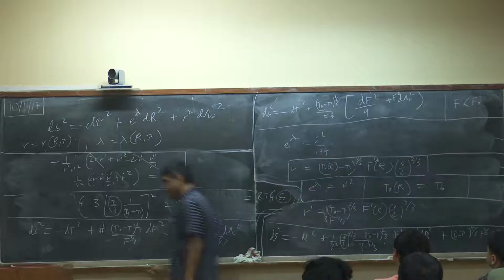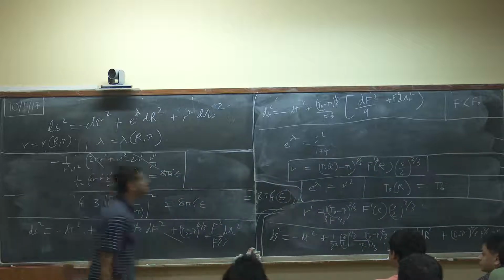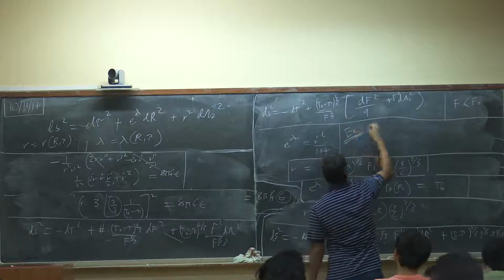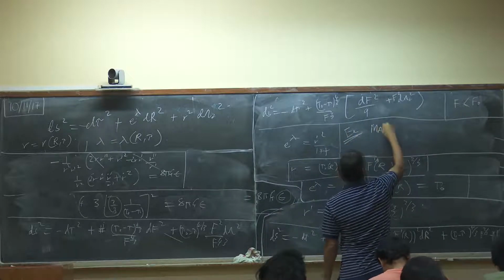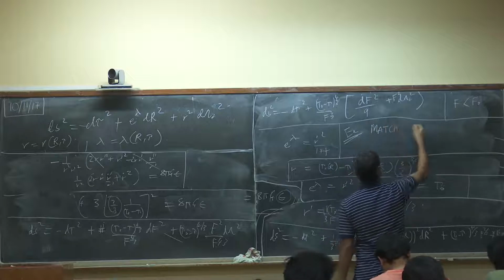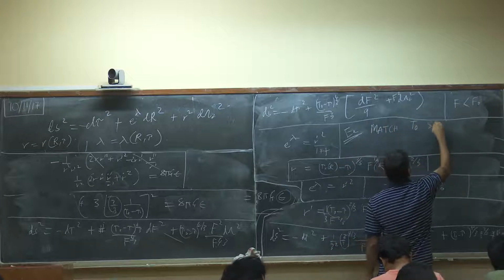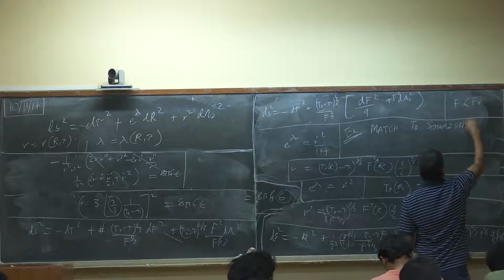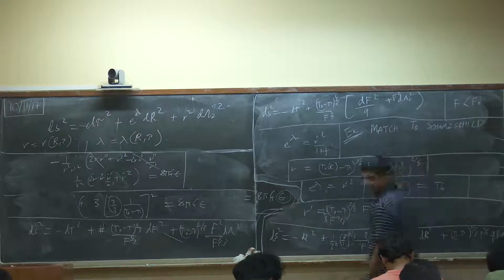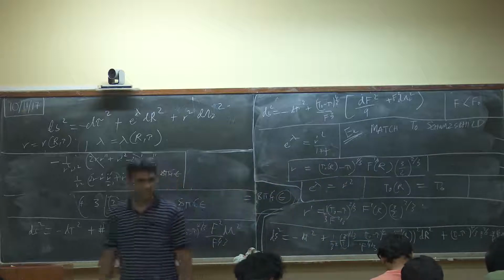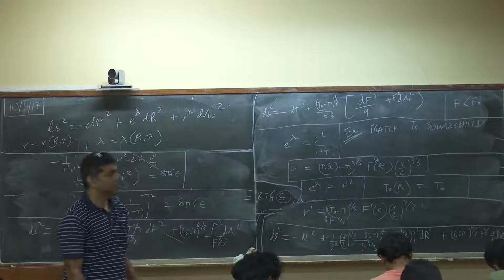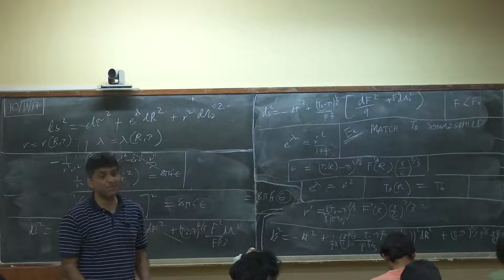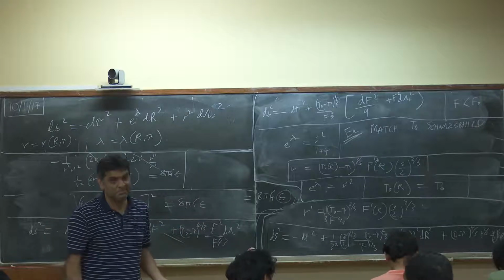Now I'm going to ask you to do the following exercise. Match the solution to Schwarzschild. You know that the solution outside has to be in the Schwarzschild form, but it needn't be in the Schwarzschild form in the same coordinates.